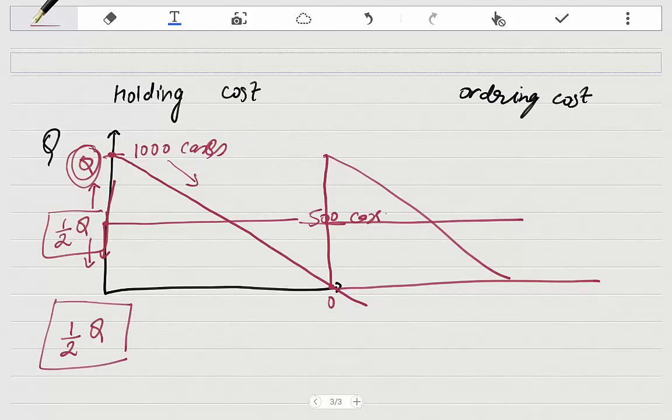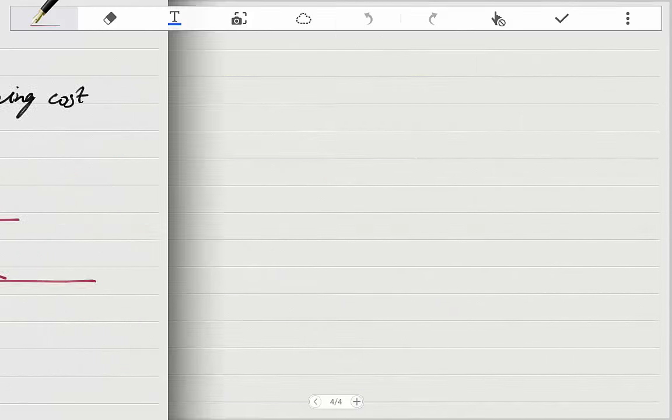Okay. Now this is where I want to go a little bit tangential and explain a little bit. So normally, day to day, holding cost is expressed as annual holding cost rate.